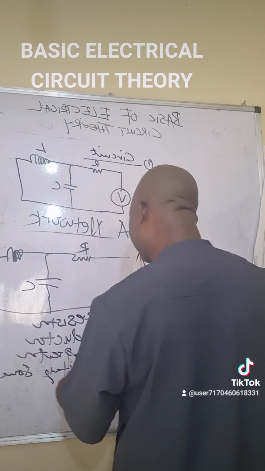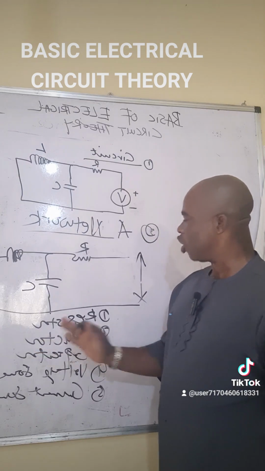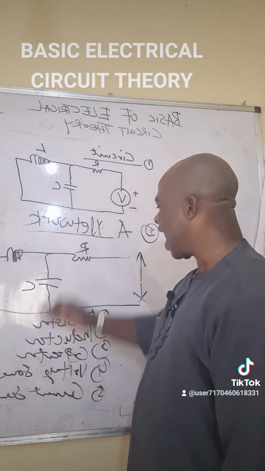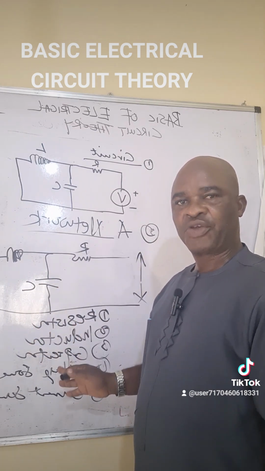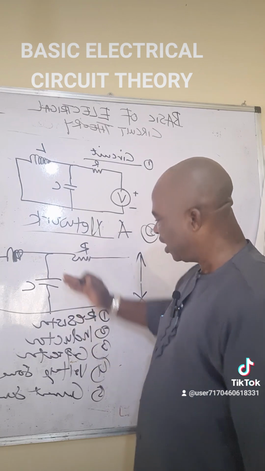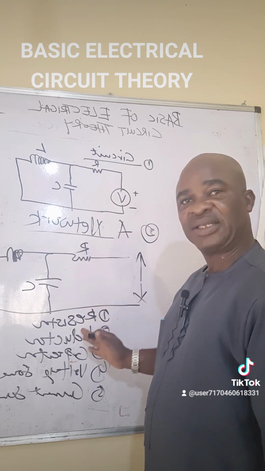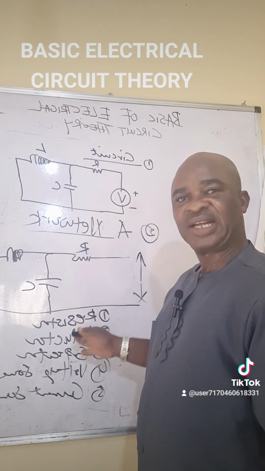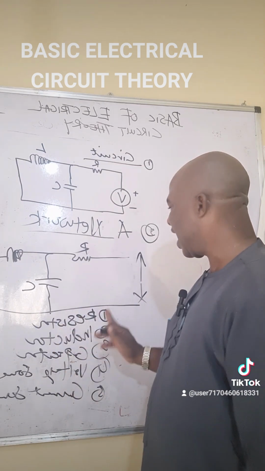Equally, we have the current source. These are called parameters, and they are the various elements of an electrical circuit. So whenever you see these quantities, you know that they are known as electrical parameters, in other words, circuit elements.